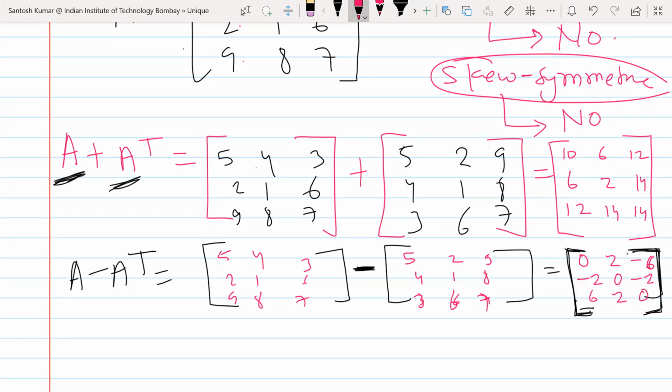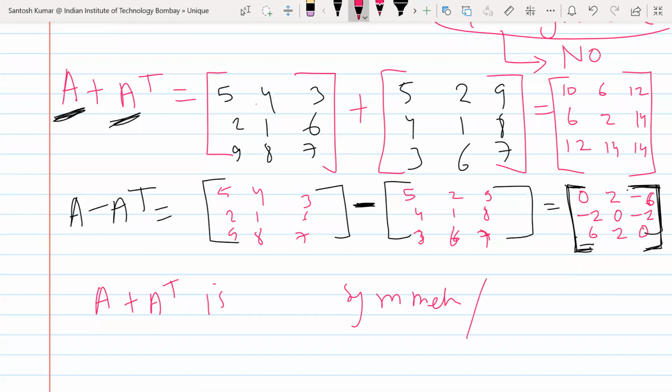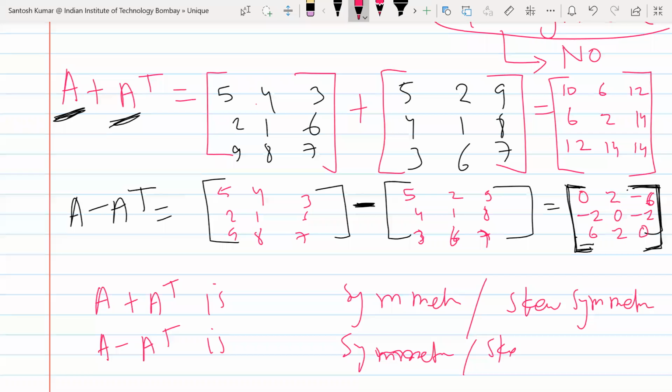Okay. So now my question is, A plus A transpose is what? Symmetric or skew symmetric? And A minus A transpose is what? Symmetric or skew symmetric?